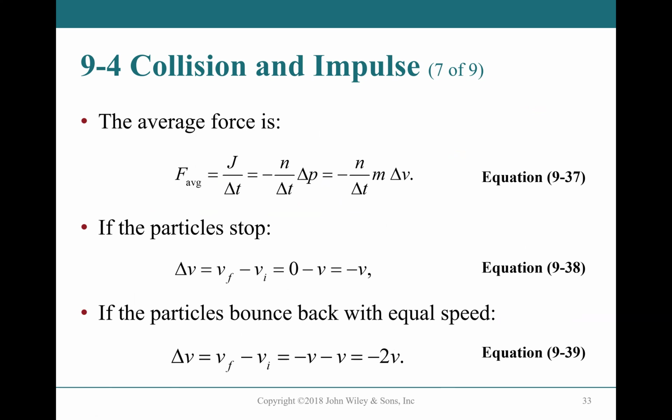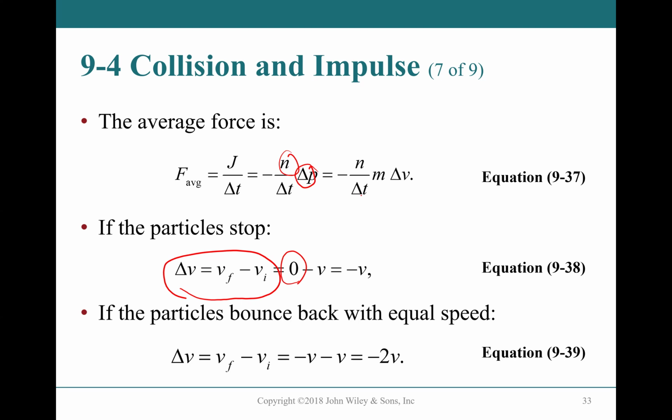Oh, I see. Why do we have the negative sign? If the particle's delta v is v final minus v initial, and if our final is 0, our initial will be negative v. Okay, I see. So for n particles, this is our change of momentum, and we can ignore the negative sign here.